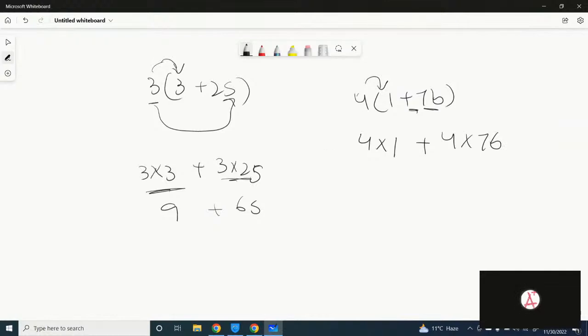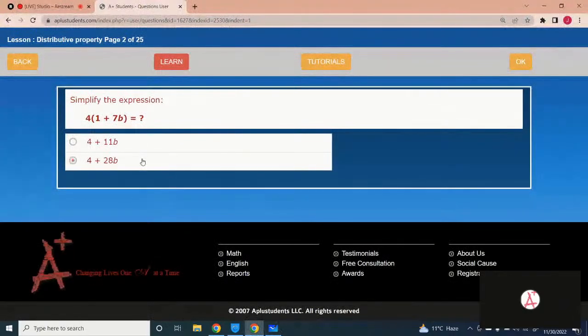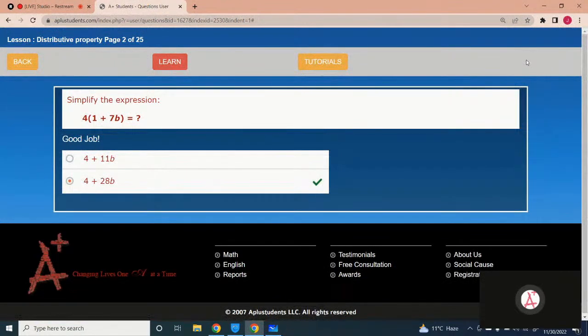Got it? 4 times 1 is 4 and 4 times 7 is 28b. It would be 4 plus 28b. Got it, everyone? The correct option is 4 plus 28b.